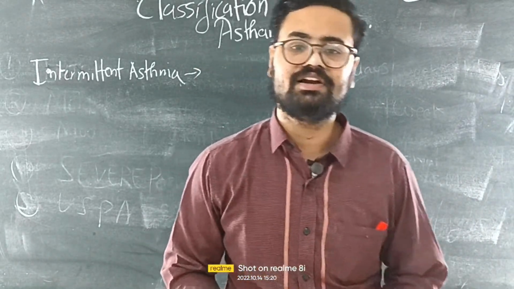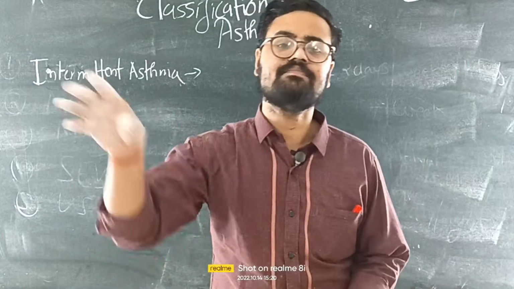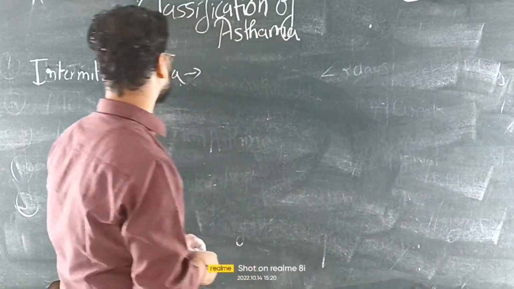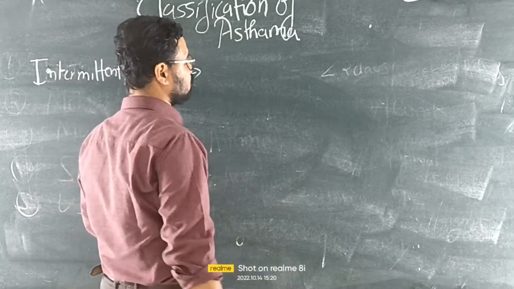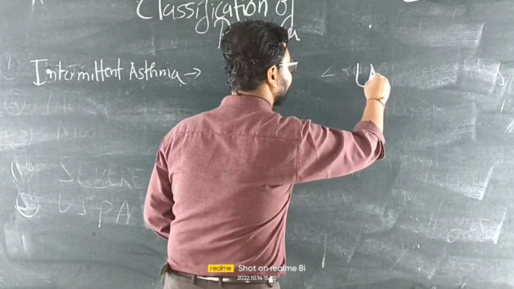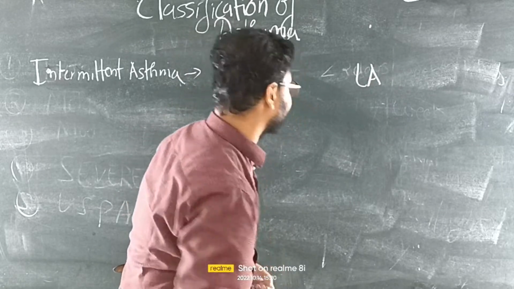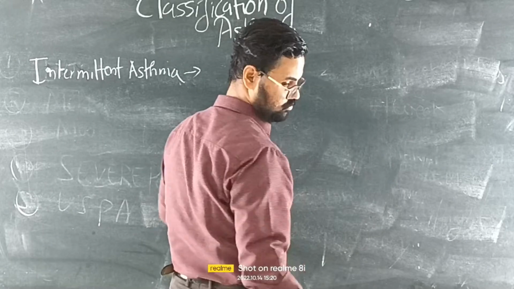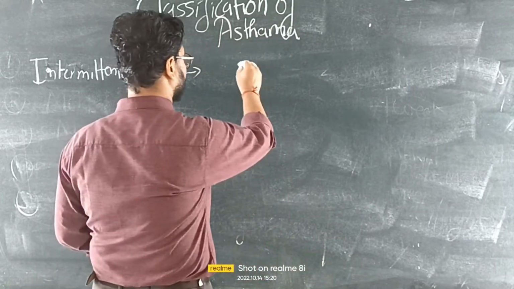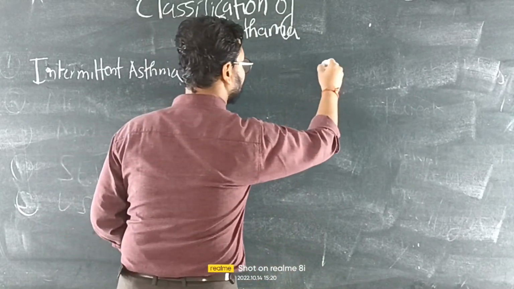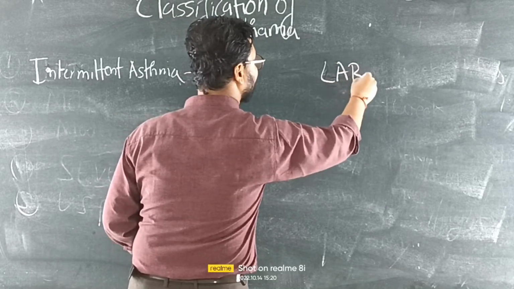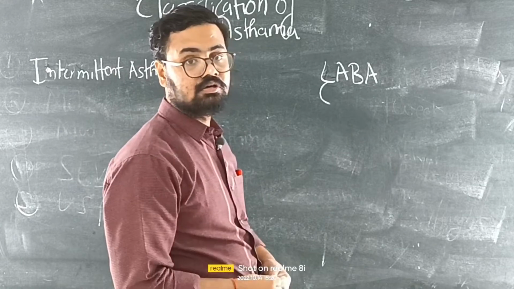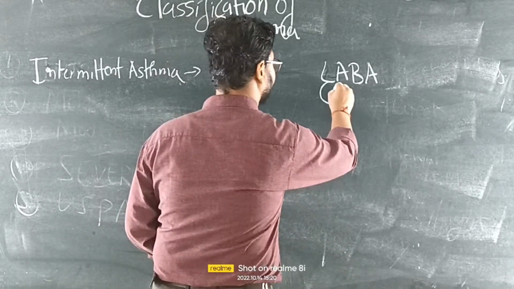So first of all, we will treat bronchoconstriction, the symptom, with a long-acting beta 2 agonist, that is formoterol.